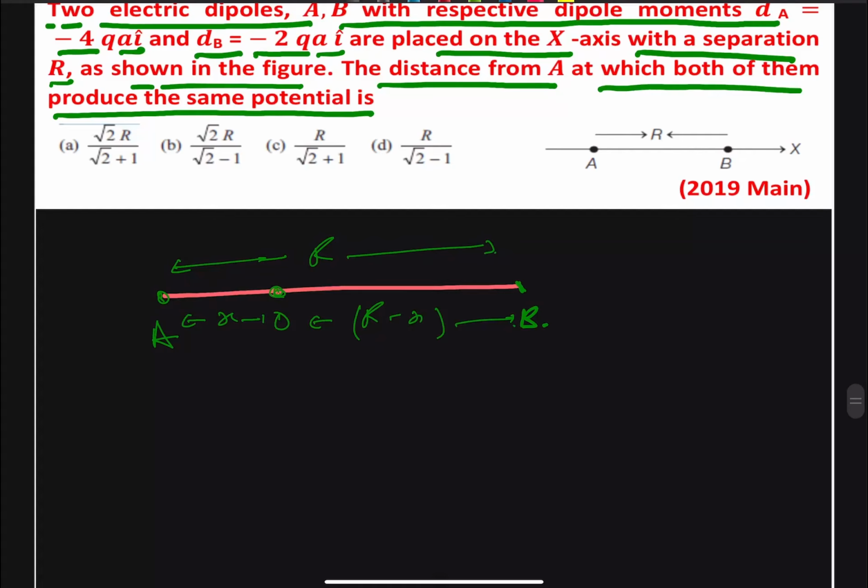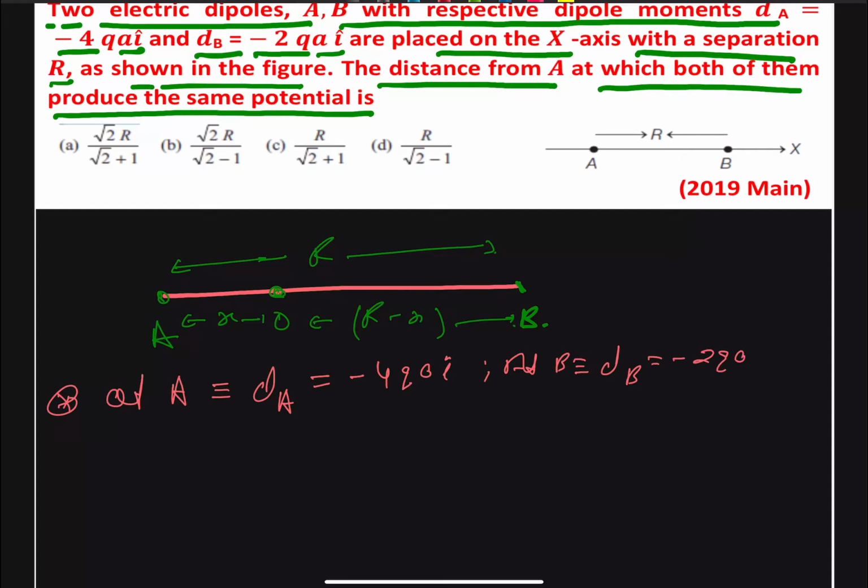And we are given that at A we have a dipole dA which is minus 4 qa i unit vector, and at B we are given dB, which is minus 2a qa, and this is also i unit vector.